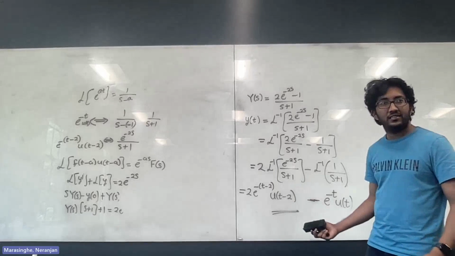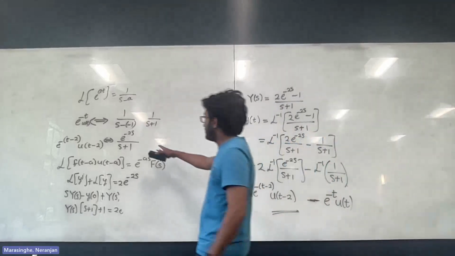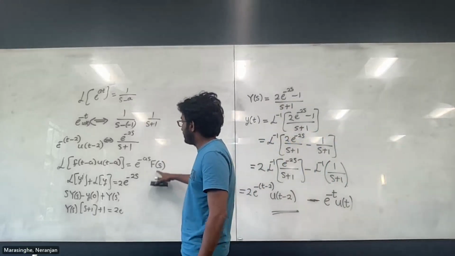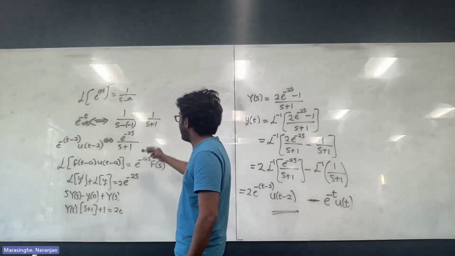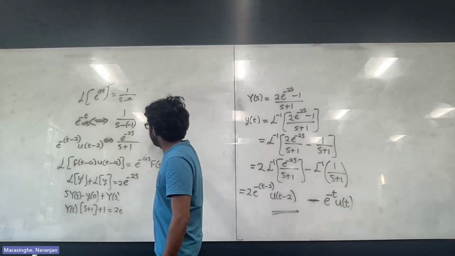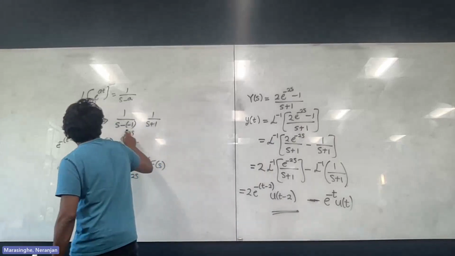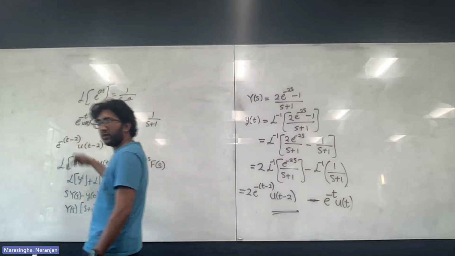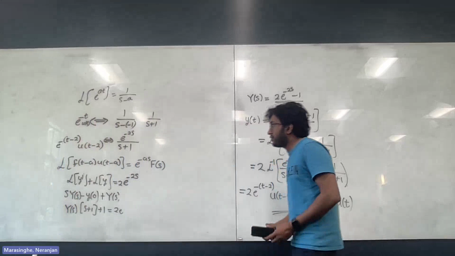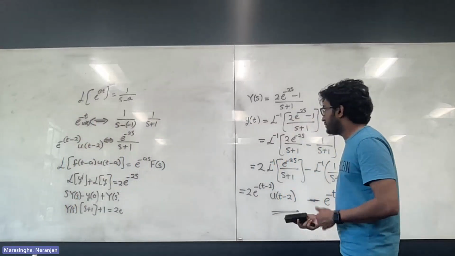Any questions about this step? Because I know the inverse Laplace of this one, and if I multiply by e to the minus 2s, everything would be translated by 2. Let's move into another one.